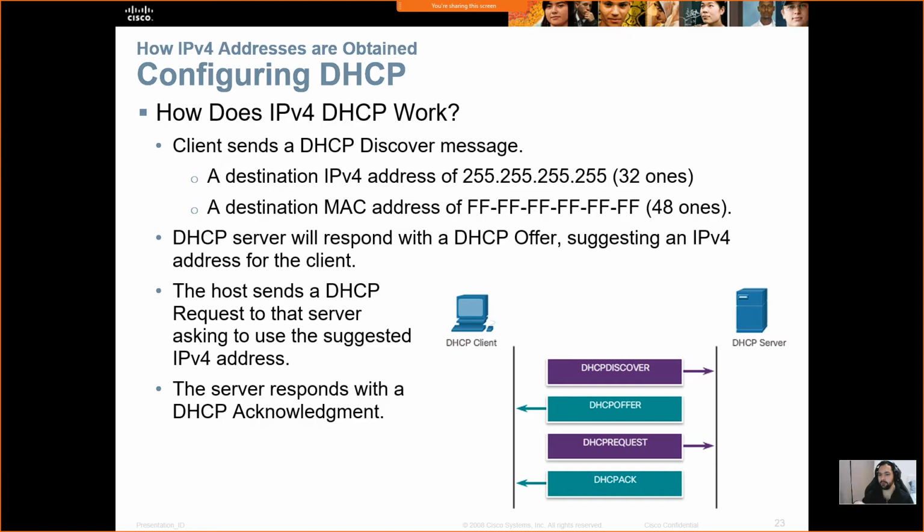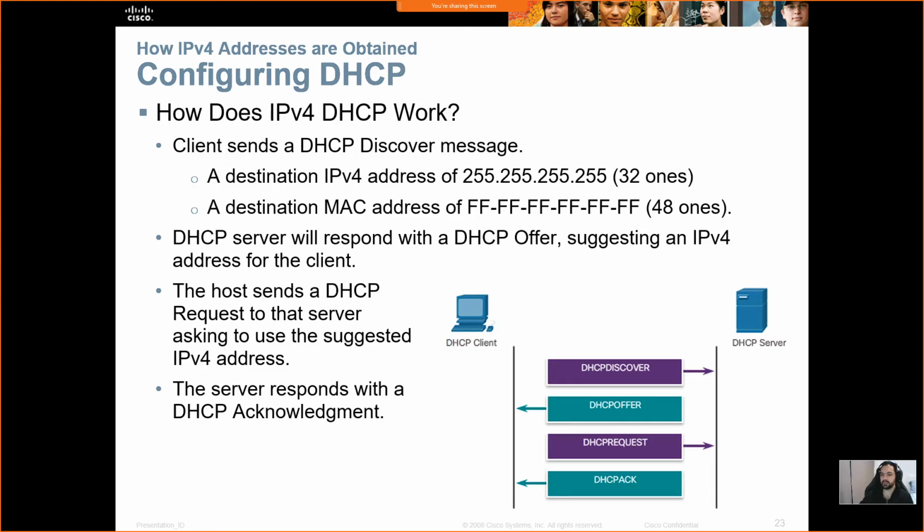Everybody will get the message, but only the DHCP server will respond back to the client, and it will offer an address that is available. The client will then respond to the server accepting that address, and will start to use that address after that.